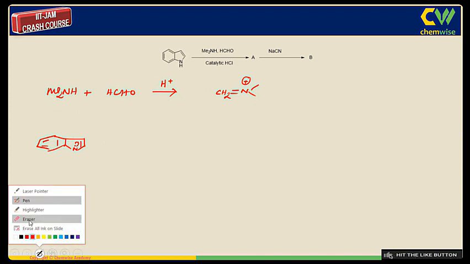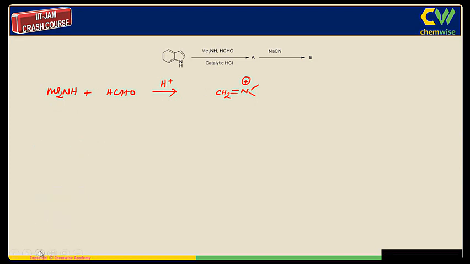Let's draw the structure elaborately. What is happening? It is going to attack through this carbon on this CH2.